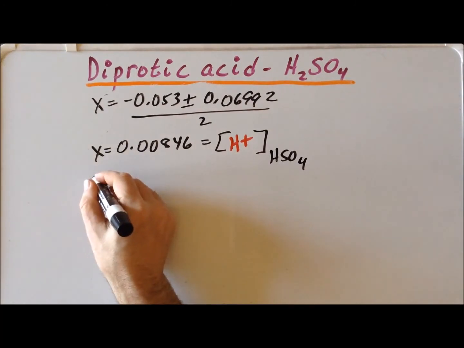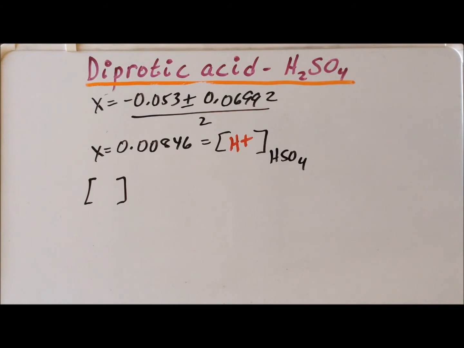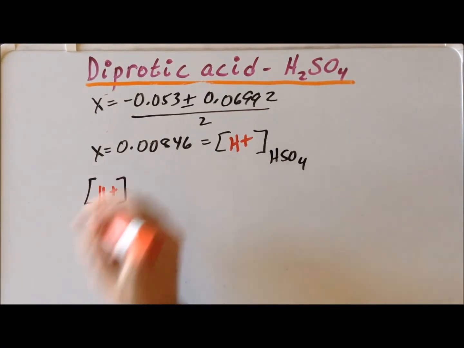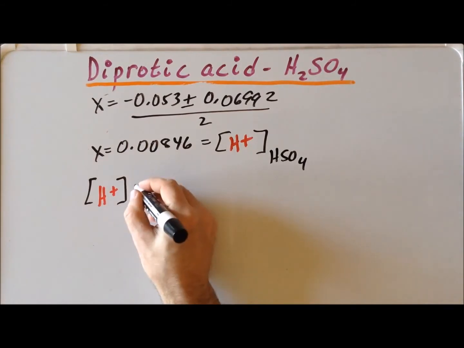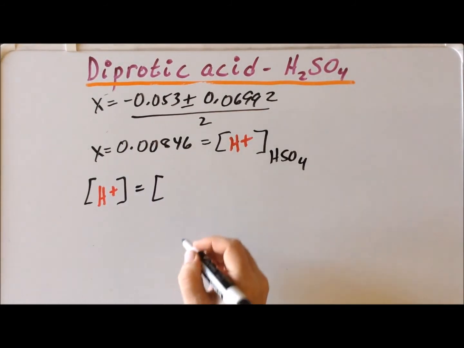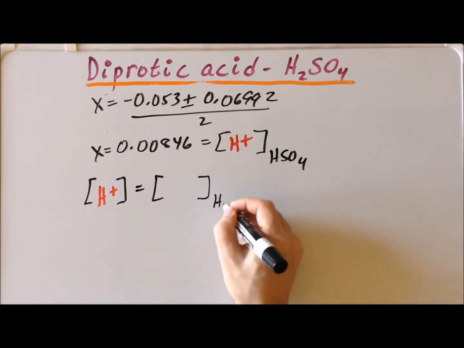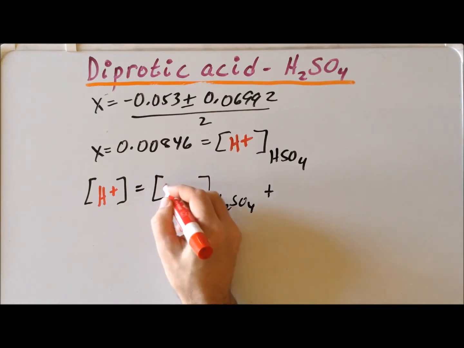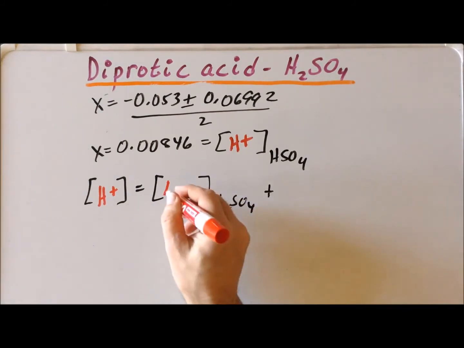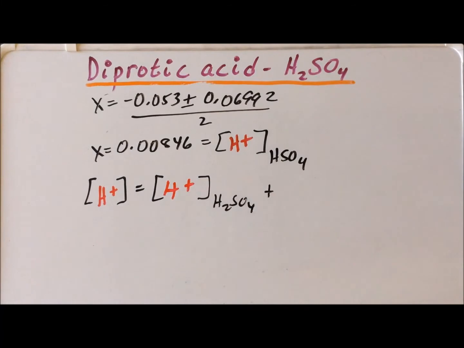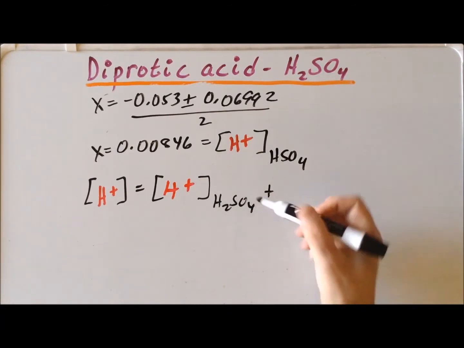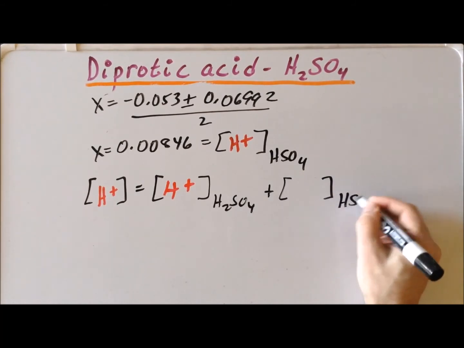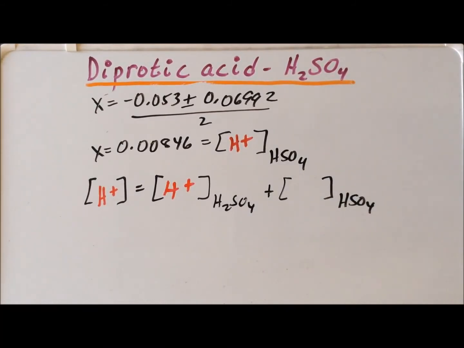So we recall that the overall concentration of H plus had two contributions. One of them was the amount of H plus that we got from the initial dissociation of sulfuric acid. And then the second contribution came from the amount that we get from the dissociation of the bisulfate ion.